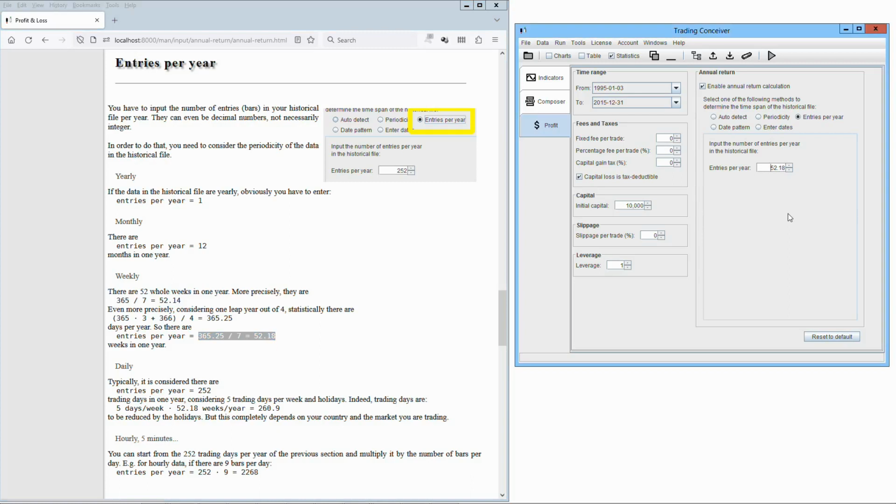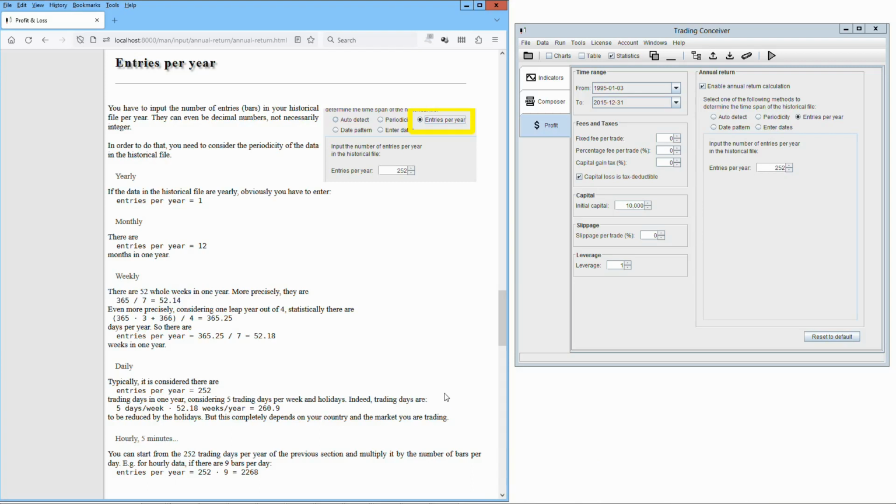Typically, it is considered there are 252 trading days in 1 year, considering 5 trading days per week and holidays. Indeed, trading days are 5 days per week times 52.18 weeks per year, equal to 260.9, to be reduced by the holidays, but this completely depends on your country and the market you are trading.